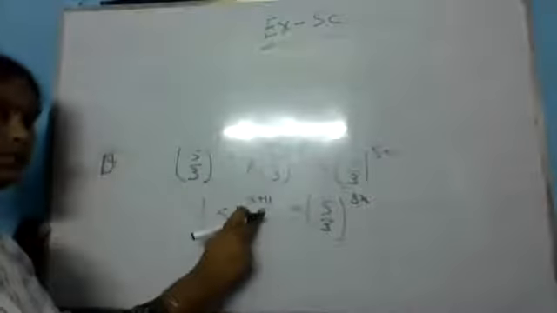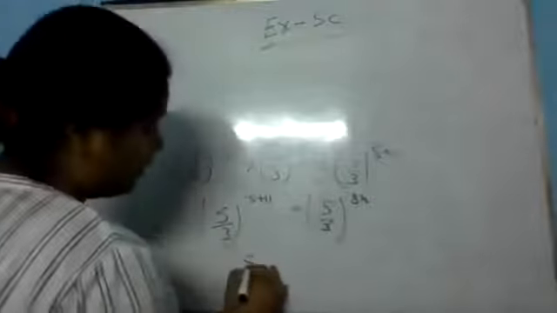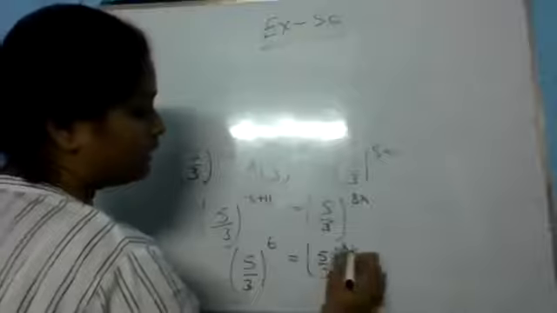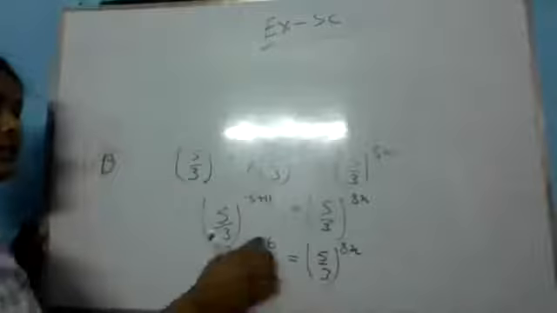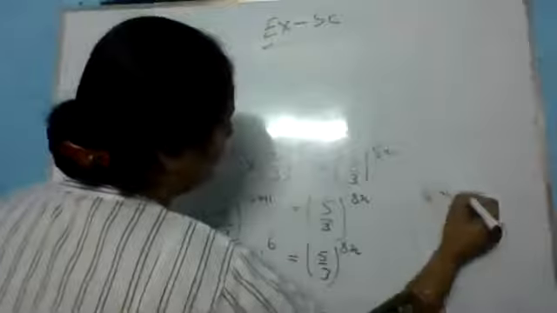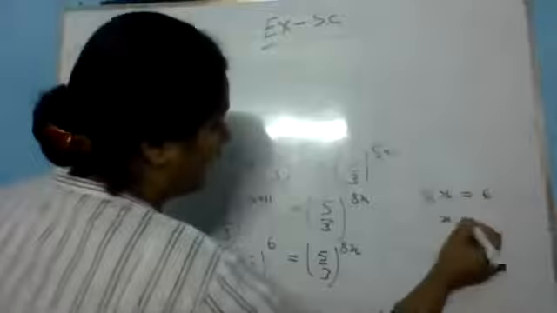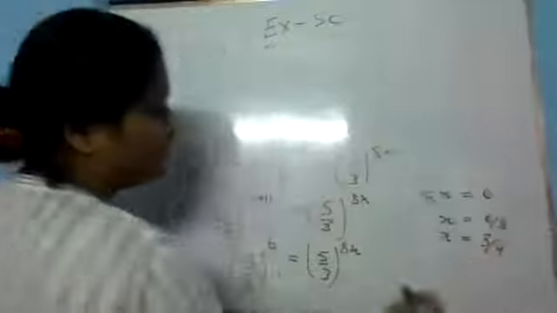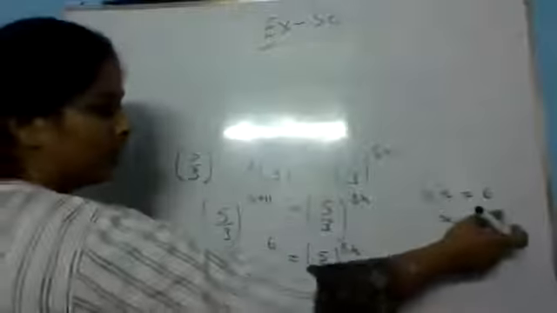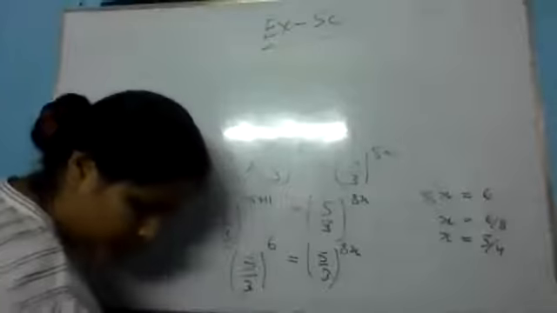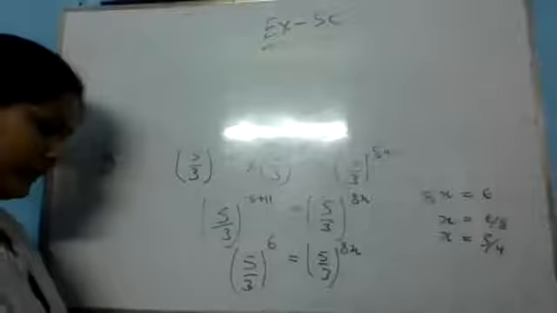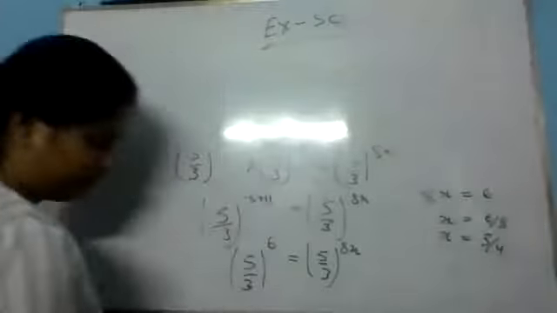Now minus 5 plus 11 will be 6. 5 upon 3 to the power 6 equals 5 upon 3 to the power 8x. As we know that if the bases are the same, we can equate the powers also. So 8x equals 6, x equals 6 by 8, x equals 3 by 4, since 2 3s are 6 and 2 4s are 8. Which option is correct? C option is correct.